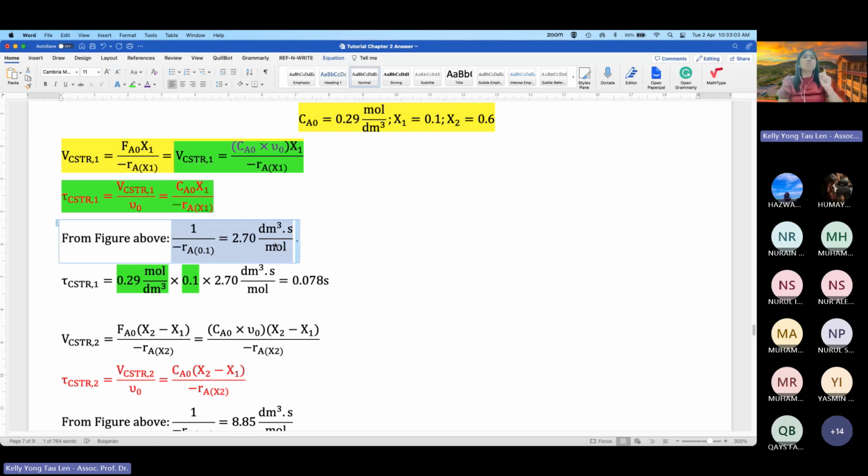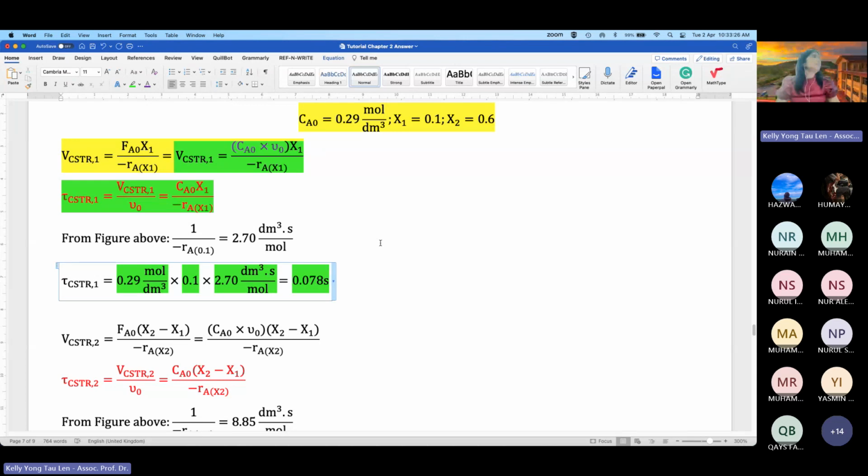This is from the Levenspiel plot given at the top. So you multiply directly with 2.7, and you get your space-time for the first CSTR as 0.07 second.